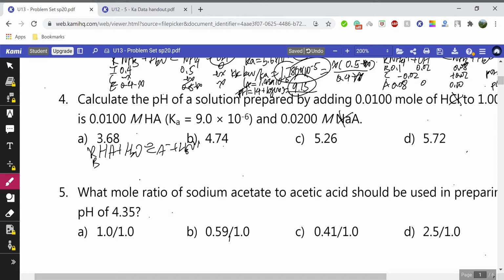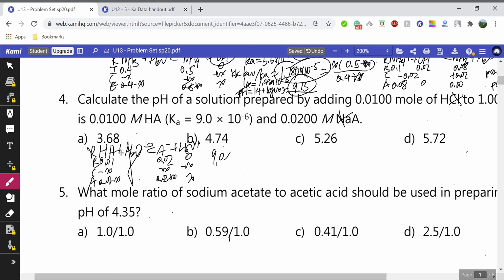I use an ICE chart. HA is going to be 0.01 molar at first, A minus is going to be 0.02, and H3O plus is 0. Then minus x, 0.01 minus x, plus x, 0.02 plus x, x. So will we be using Ka? Yes, because we're solving for H3O plus.